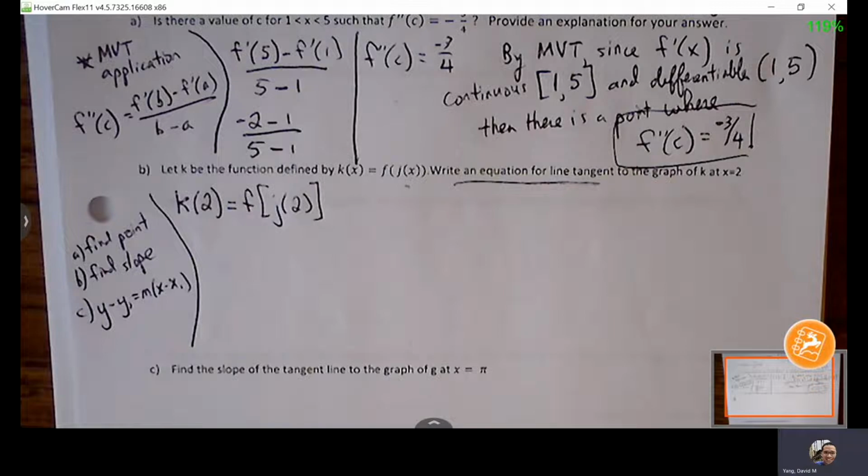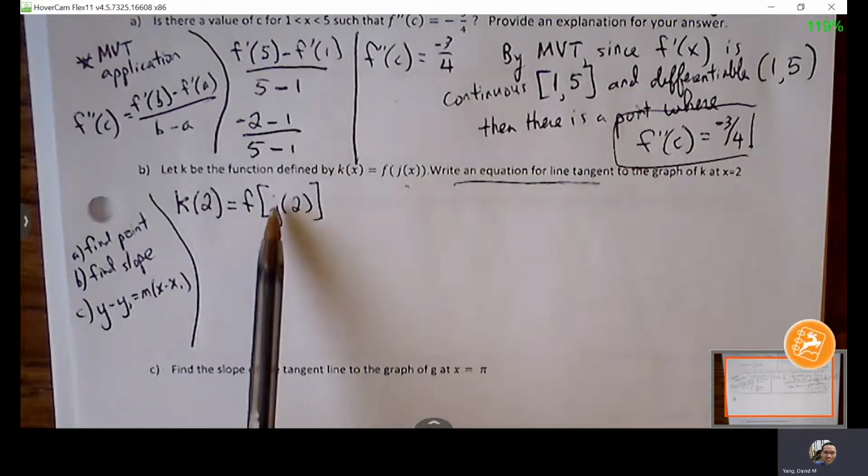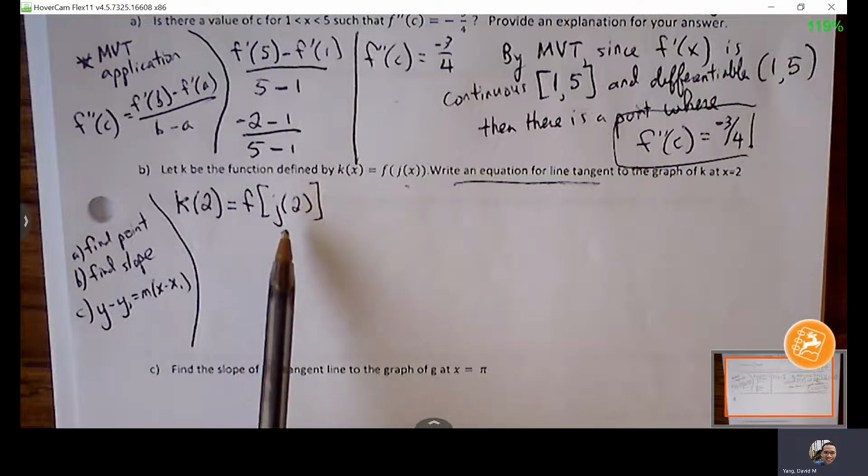So k of 2 equals f of j of 2. No derivatives going on here, but we know that this is a composite function, so we want to take one piece at a time. We know we can't just do all this in one go. We have to take it piece by piece here.